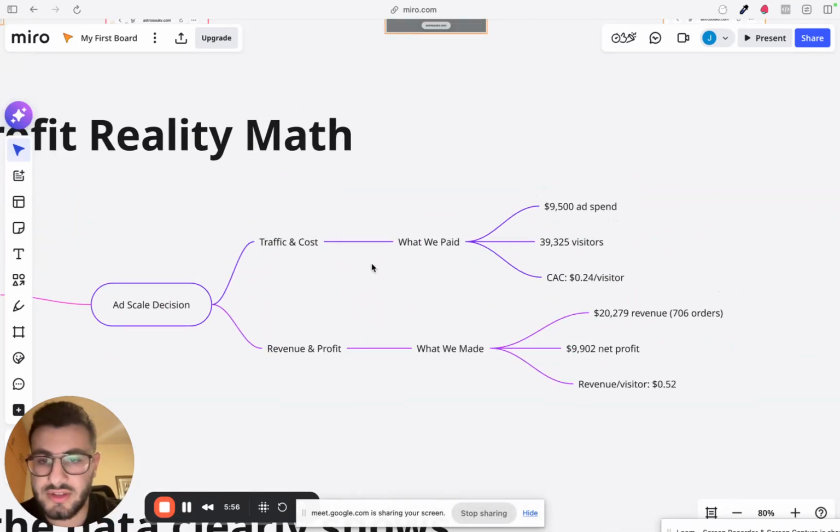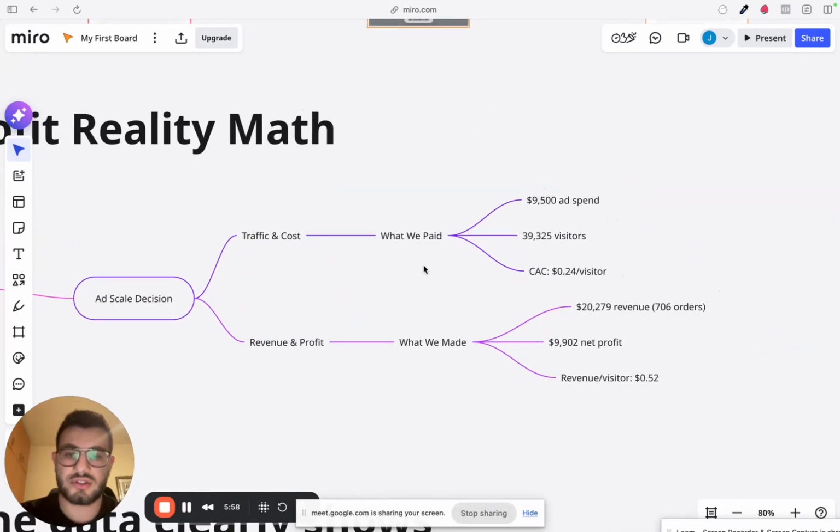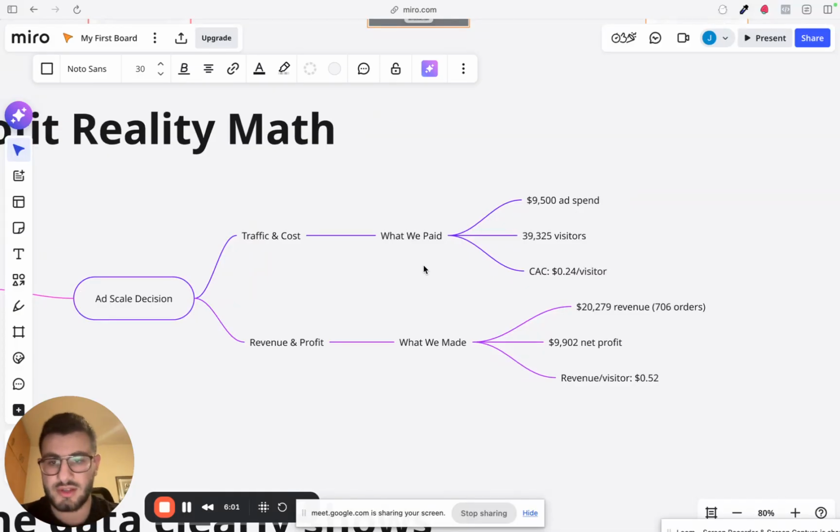If we take a look at the traffic and cost, here's what we paid and what we made. Traffic and cost is what we paid. You spent 9.5K on ad spend, for 39K visitors, at a cost of 24 cents per visitor. Your revenue and profit is what we made. It's 20K approximately, without the draft orders.